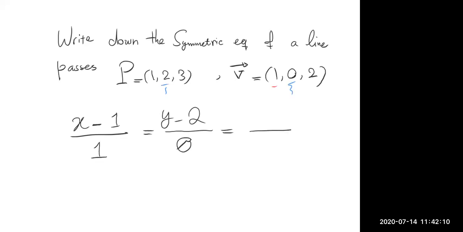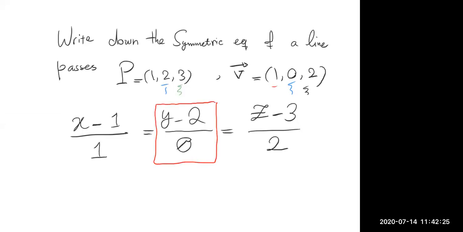It's equal to z minus the third component of P, which is 3, divided by the third component of V, which is 2. But it doesn't make sense, because here we have y minus 2 over 0. This does not make sense. What can we do about it?